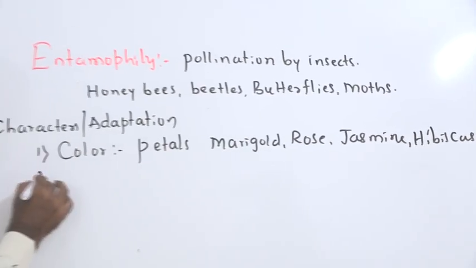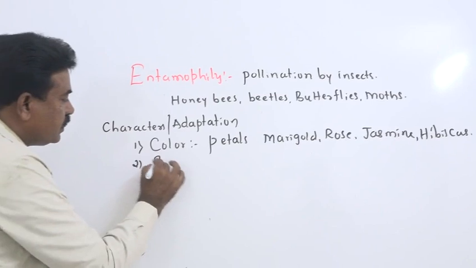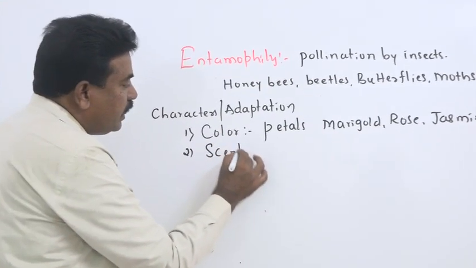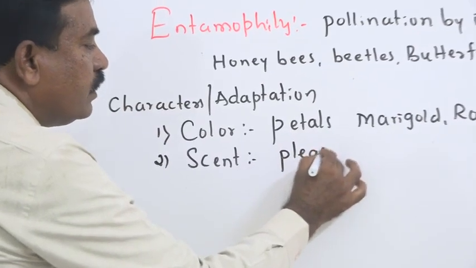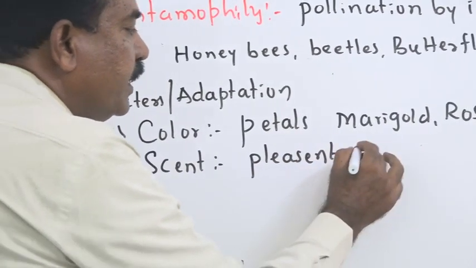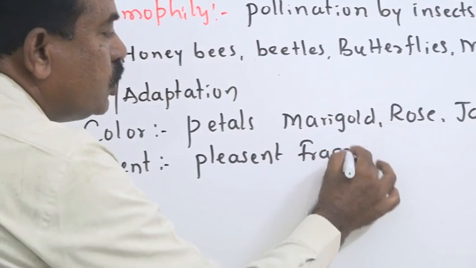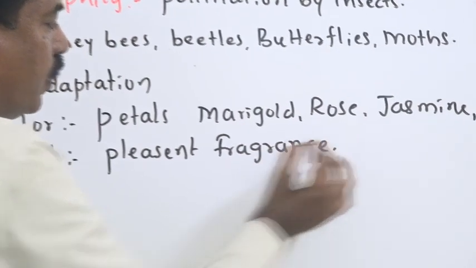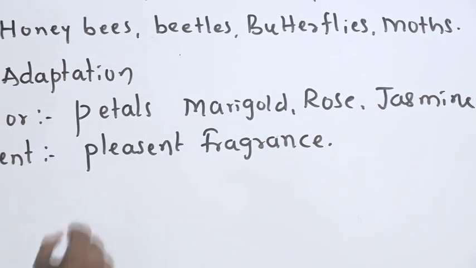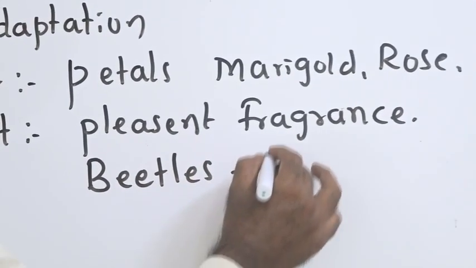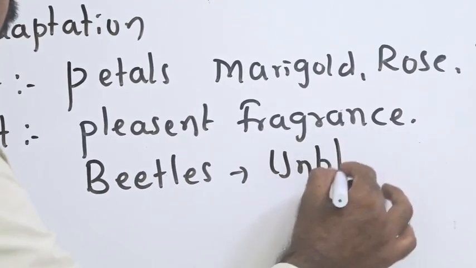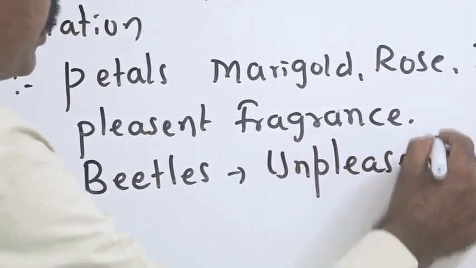Then second, the entomophilous flowers are responsible for emission of scent. Most of them emit a pleasant fragrance to attract insects. There are some beetles which are attracted by unpleasant smell for the pollination purpose.